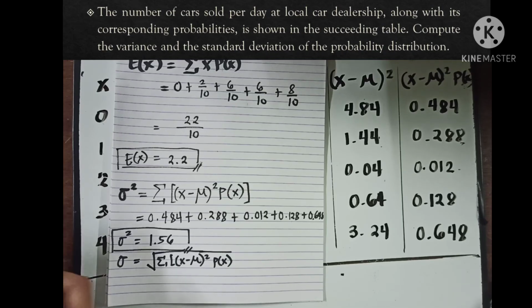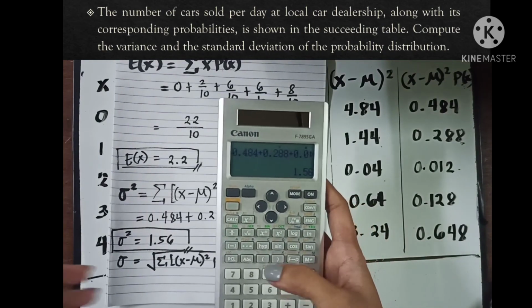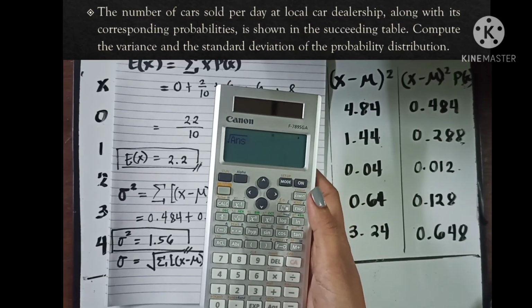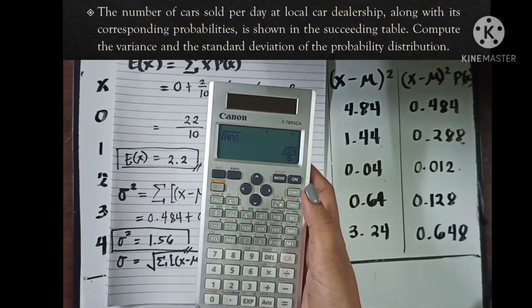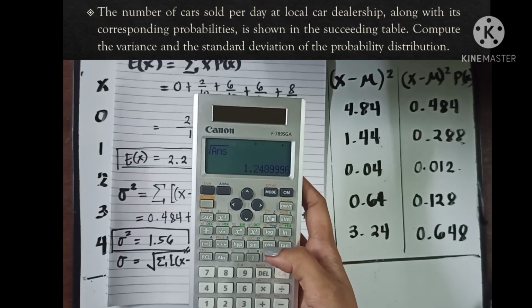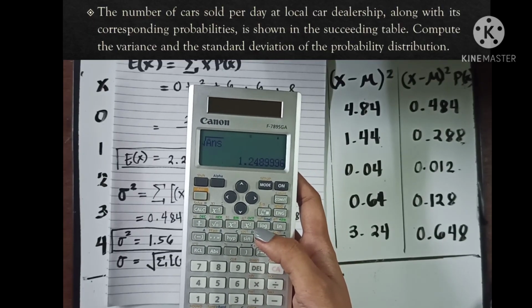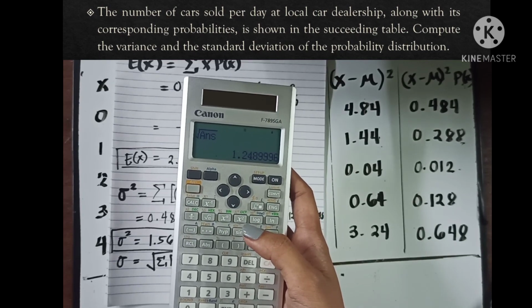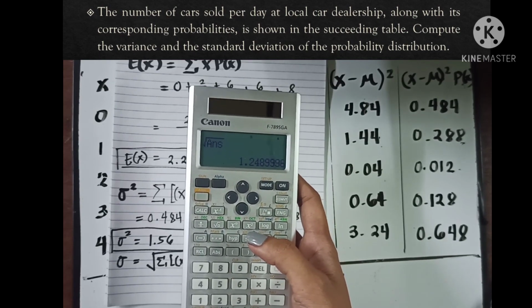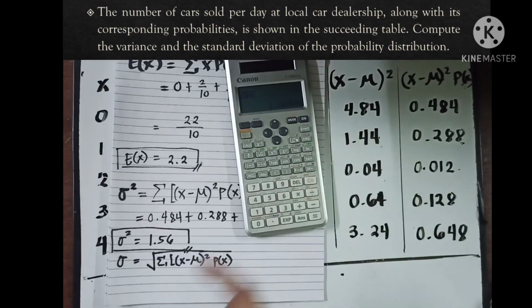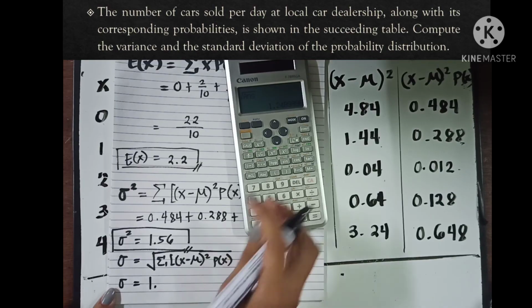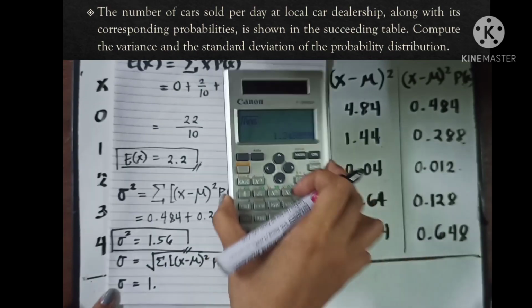So, direct lang tayo ulit sa calcu. So, pindutin ang square root. Pindutin yung answer. Okay? And that is equal to 1.2489996. Again, round off into 2 decimal places and that will become 1.25.